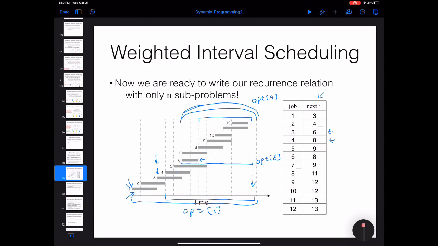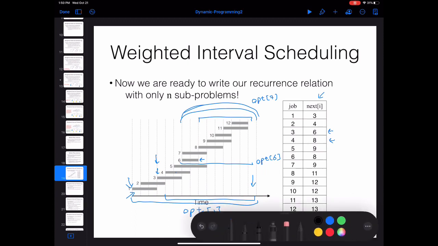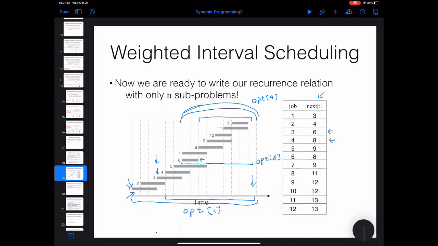If you think about this recursive relation, if I'm solving a problem like opt of i, it means that you are at some point and you want to say, for example, from 5 to the end, what is the optimal answer?